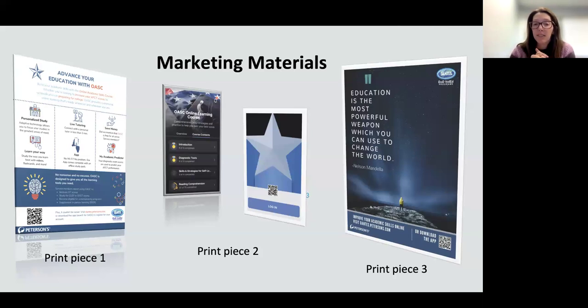All they need to do is scan that QR code, and they'll be taken to either the App Store or the Google Play Store, where they can download the app for free. Again, try to connect the motivation for your students with what this course can help them with. Next slide.